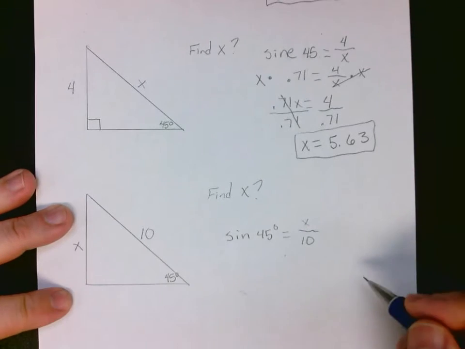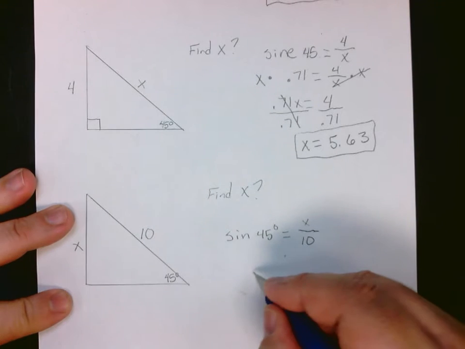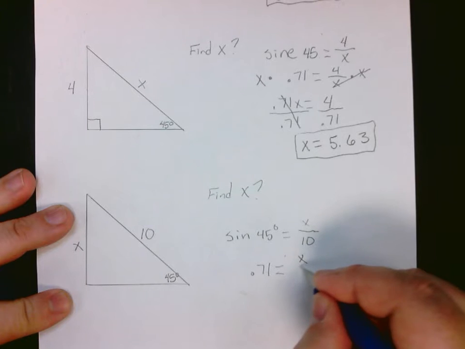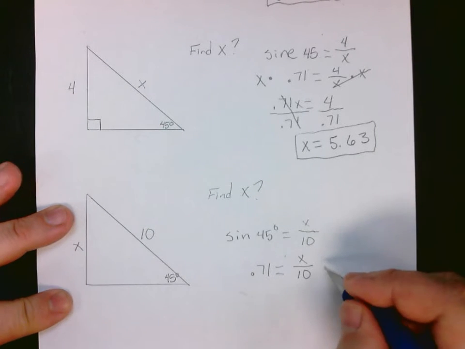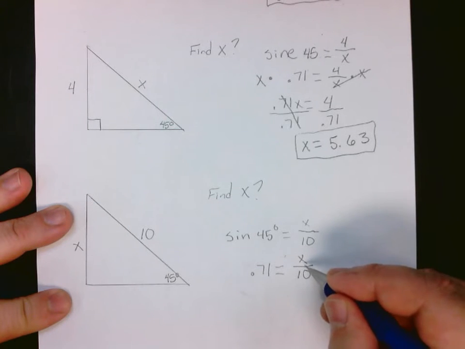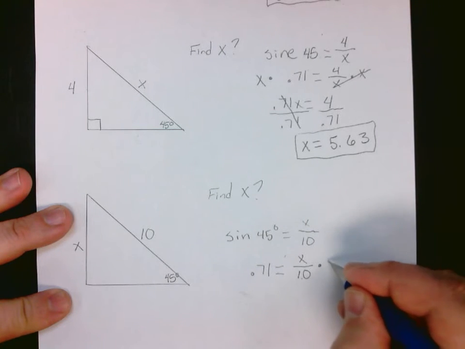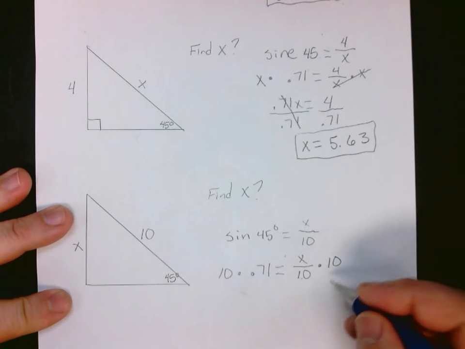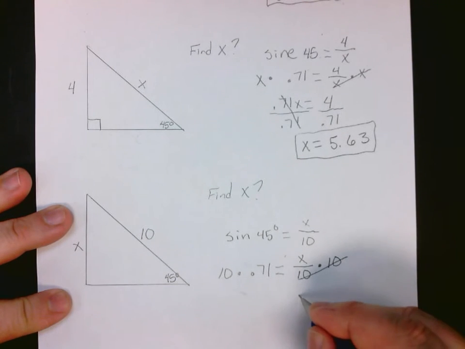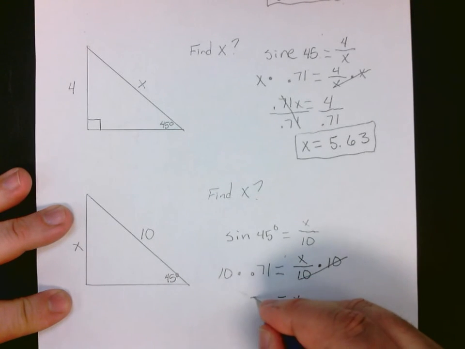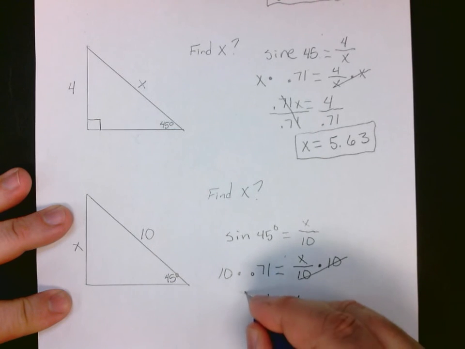We knew the sine of 45 was 0.71, so 0.71 equals x over 10. Now you just solve algebraically again. You go to the side of the x and do the opposite of what it says. x is divided by 10, so this is times 10. So you take this times 10 also. This cancels, and you're left with x equals 10 times 0.71, which is 7.1. So this would be your answer.